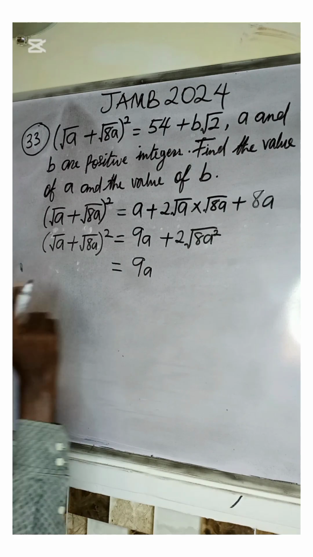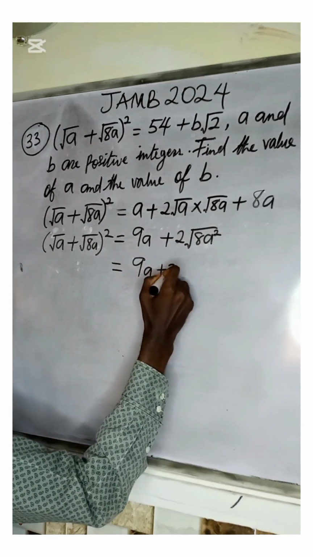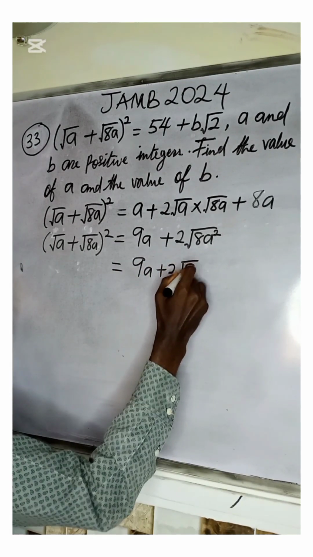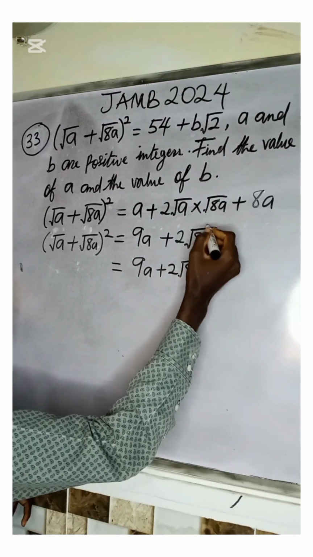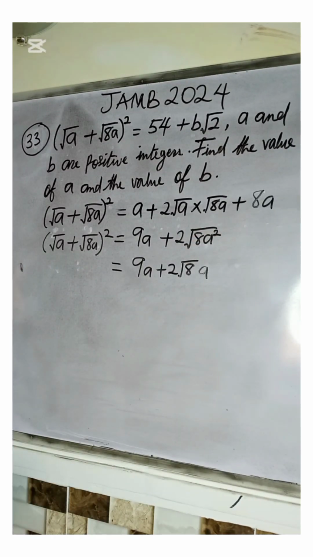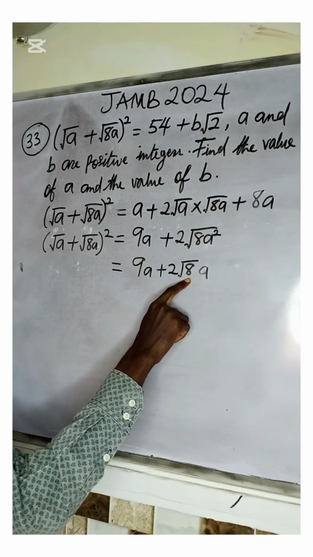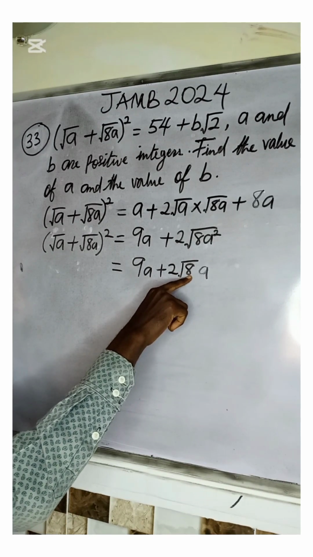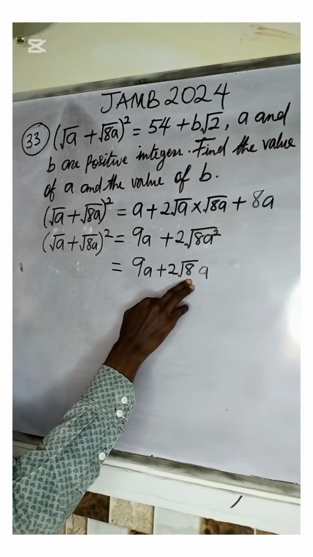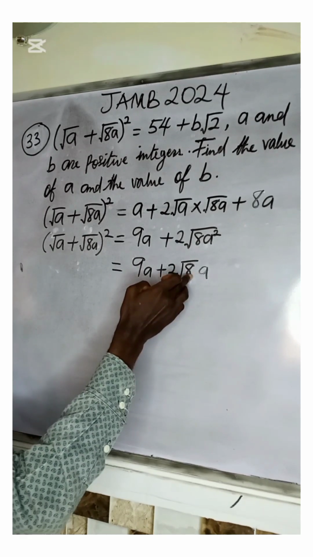Then we'll be left with 2 into √8, then a outside, because this square root cancels the square. Now this can be expressed in its simplest form. This is a surd, so 8 can be 4 times 2, and the square root of 4 is 2. So we'll be left with √2 here.